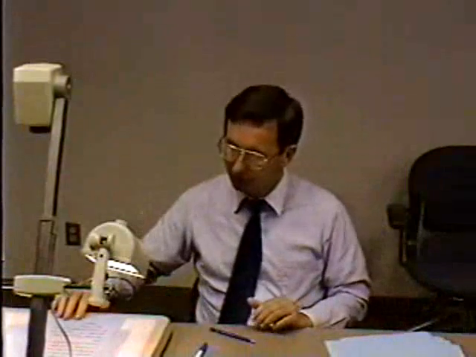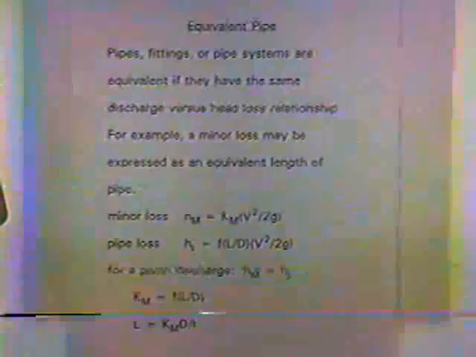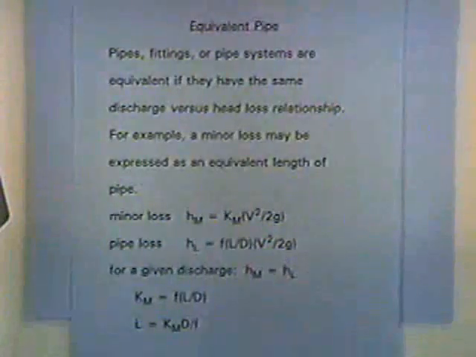Another thing that's quite common is to express losses in terms of equivalent pipe. As a matter of fact, the general concept of equivalent pipe has broad applicability. I'm actually expressing it here in terms of minor losses. And, well, let's do that.